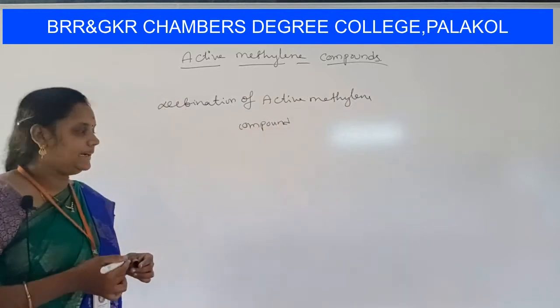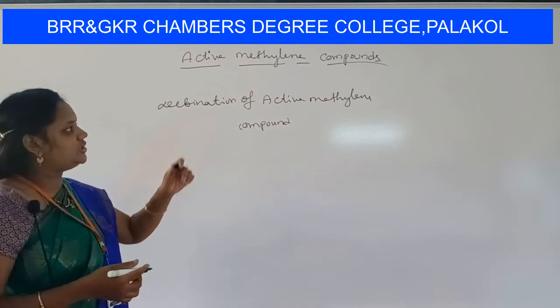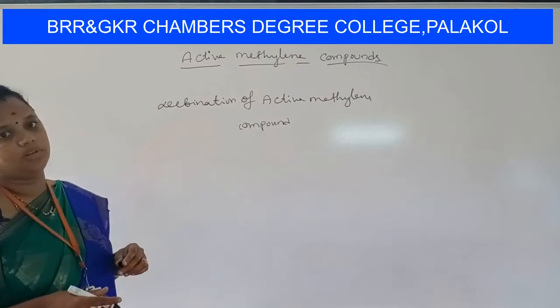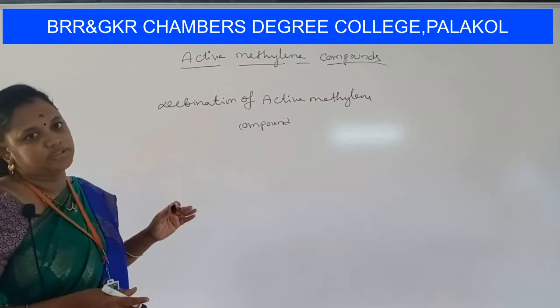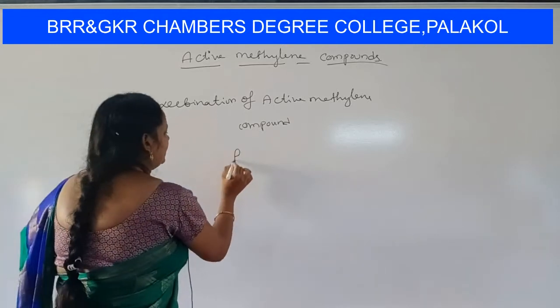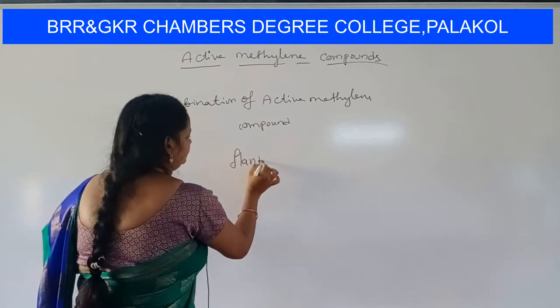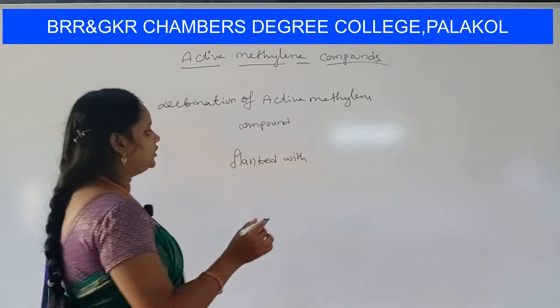Now today let us discuss the first concept, which is the definition of active methylene compound. Active methylene compounds are the organic compounds which are flanked with two electron withdrawing groups.